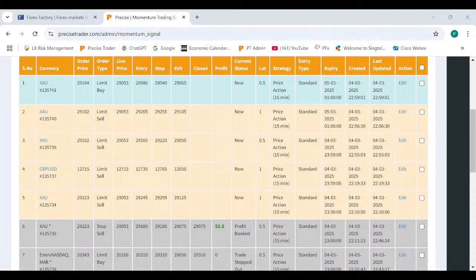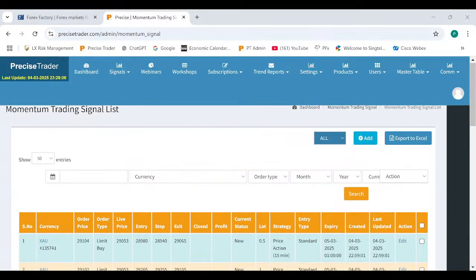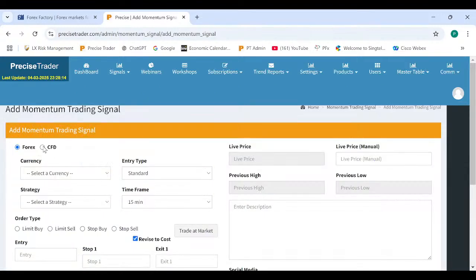Okay, we'll see the 15 minute. Okay, looks like we may have seen something. We'll just try one last time. If not, then we will give projected levels.